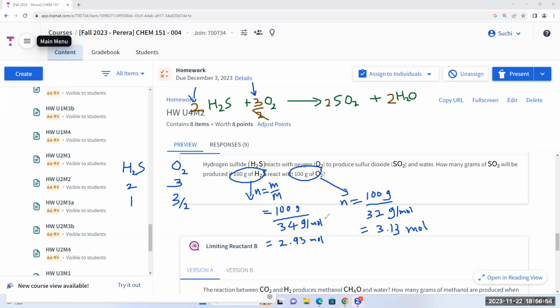But to react with 2.93, I need 3/2 multiplied by 2.93. What do you get here? How many moles is that? I don't like playing with decimal places that much, but this question calls for it.